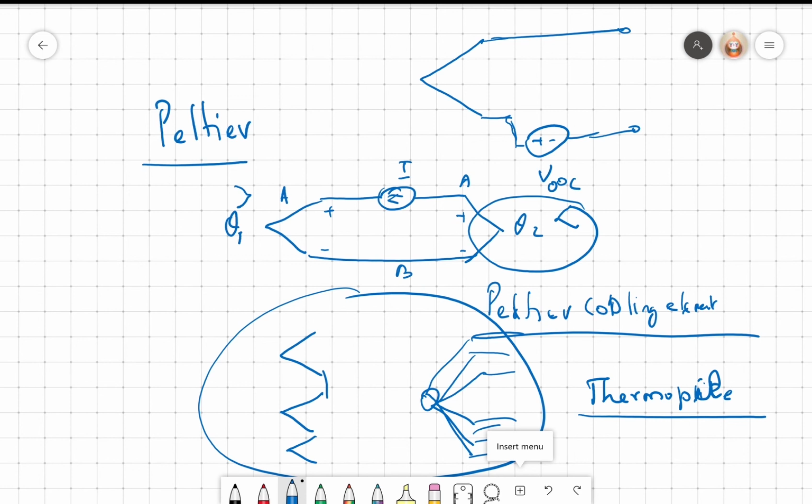Now, of course, we should understand why anybody wants a series connection or a parallel connection. The answer is simple. If I want more voltage for a difference in temperature, I connect the thermocouples in series, and if I want more current, I connect them in parallel.